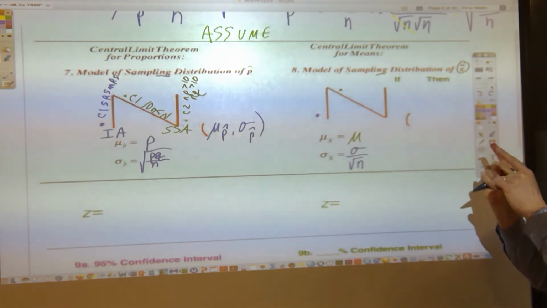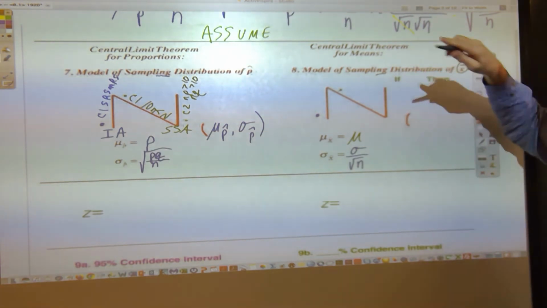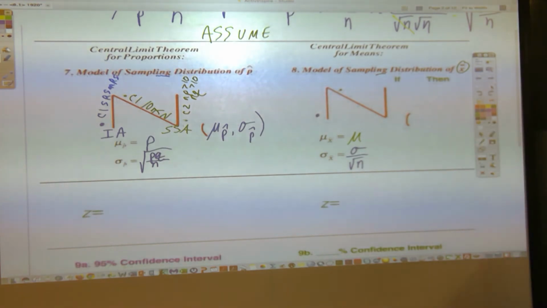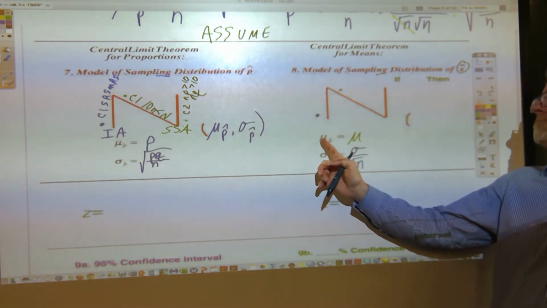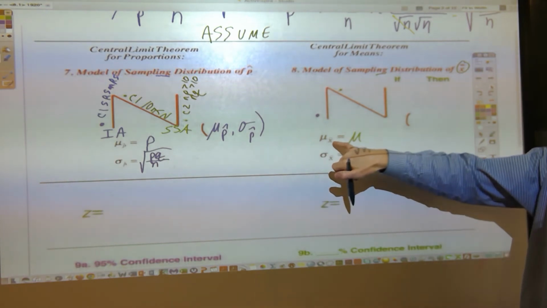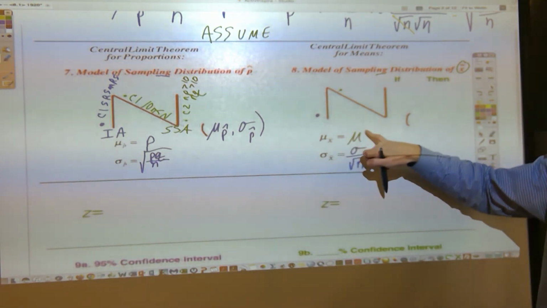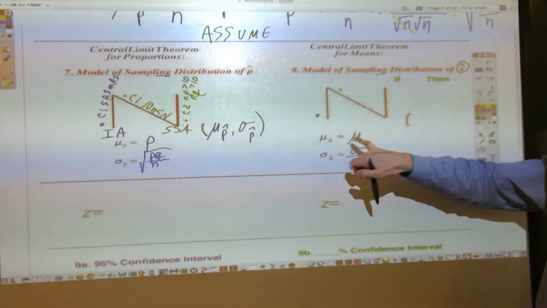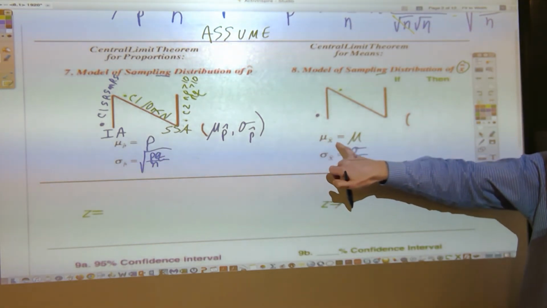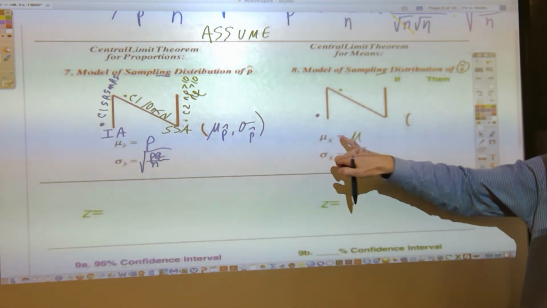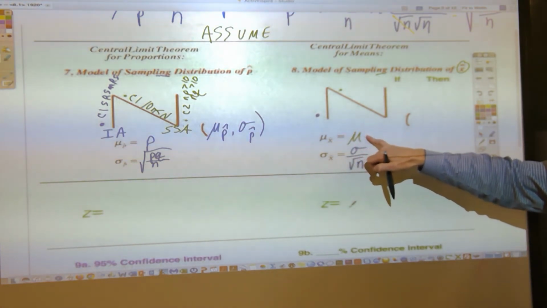Here's a normal model. The normal model of the sampling distribution of sample means has a mean of the true mean. Just to make sure we're all together, when I say go, say: the mean of the sampling distribution of sample means is the true mean. Ready? Go. The mean of the sampling distribution of sample means is the true mean.